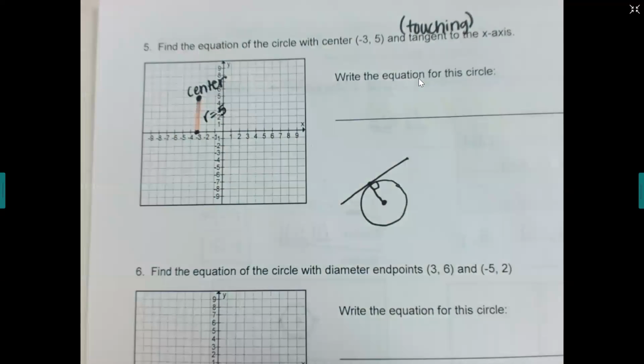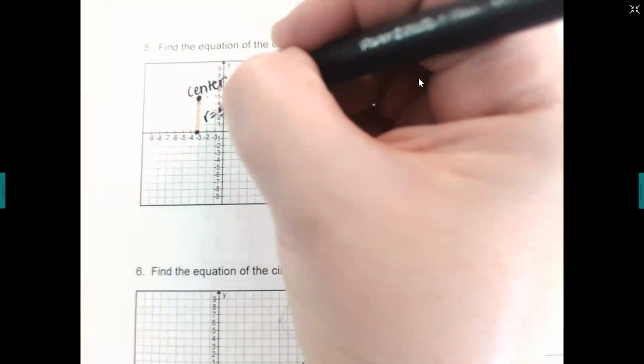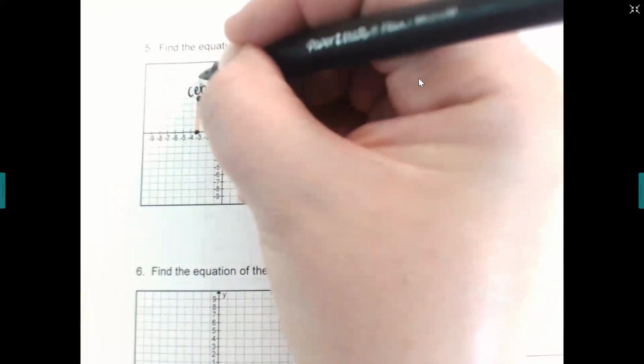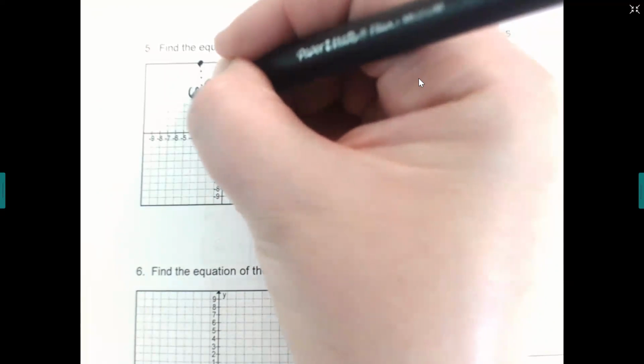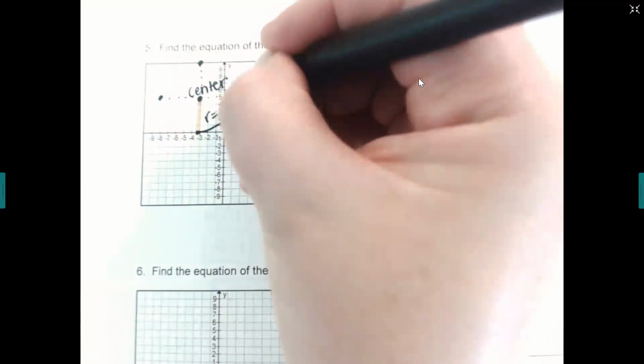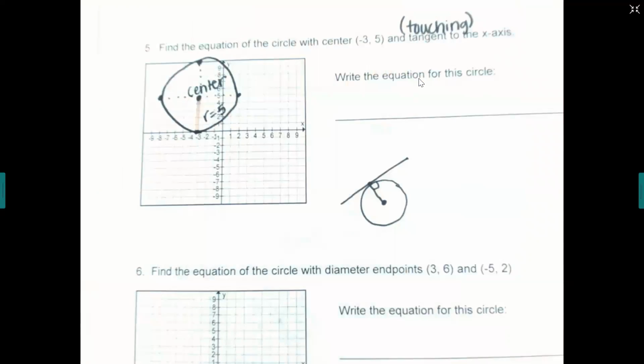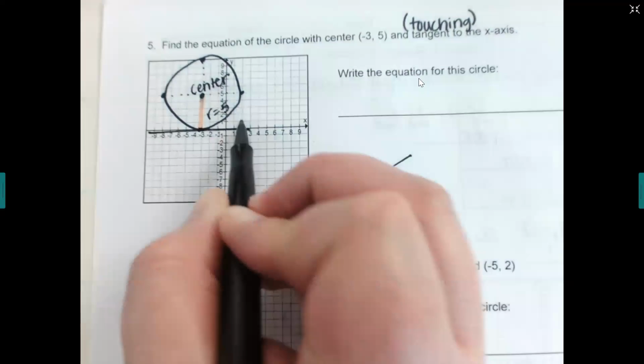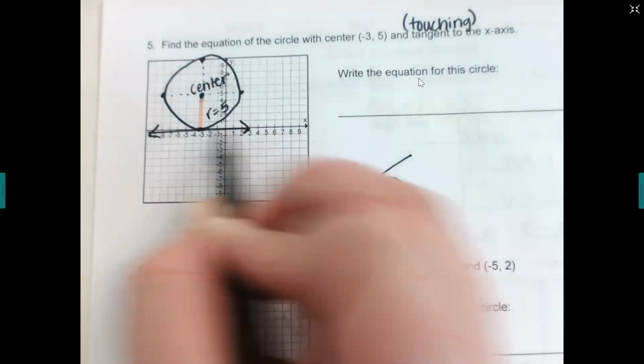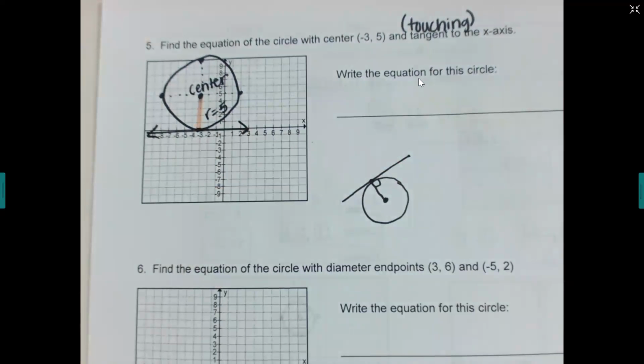I'm not even going to draw the rest of it. Well, no, I guess we can. 1, 2, 3, 4, 5. 1, 2, 3, 4, 5. 1, 2, 3, 4, 5. Okay, and now your circle is tangent to the x-axis down here because it's just barely touching it.